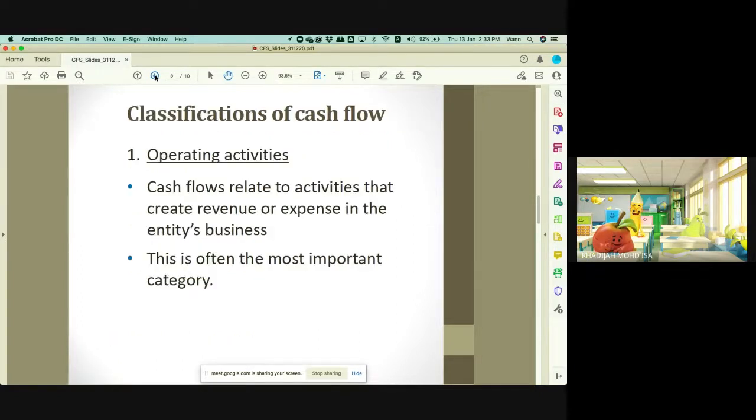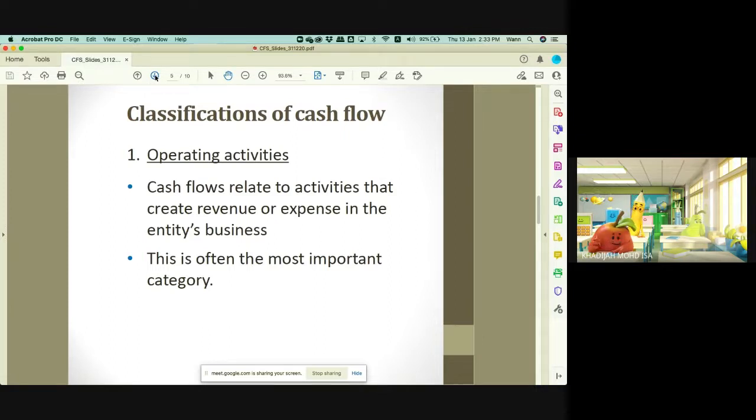And when we talk about the classification of cash flow, there are three types of activities under your cash flow. Number one is what we call operating activities. Later we'll see that when you look at the cash flow, there are three types of activities shown. The first one is your operating activities, which show you the cash flows.